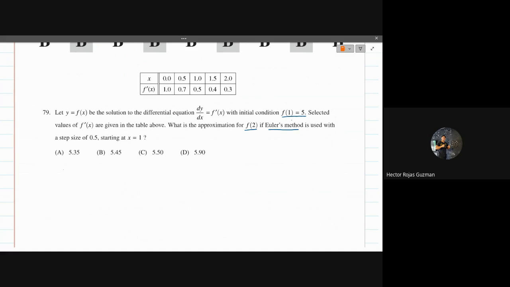So to make my first tangent line, like we already know, we need a point and a slope. And we're starting at x equals 1. At x equals 1, the y value is 5, and the slope, if you look at your table, is going to be 0.5.